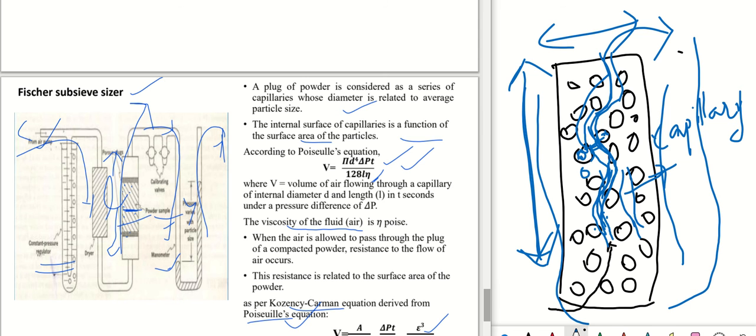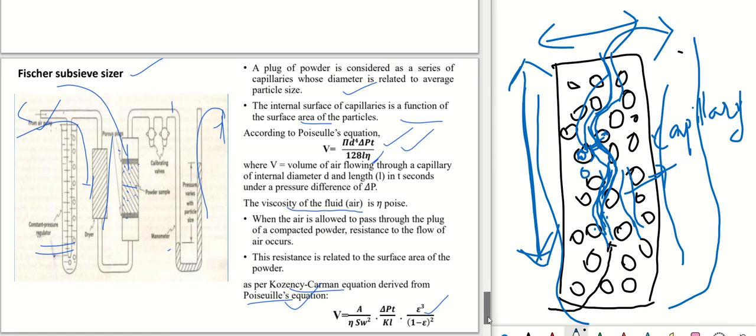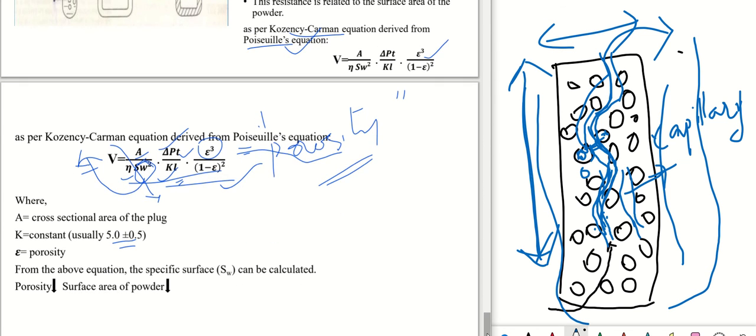The length of this column, the cross-sectional area of this column, the porosity of the powder sample, and the volume absorbed play a major role in determining the surface area by means of the Kozeny-Carman equation.